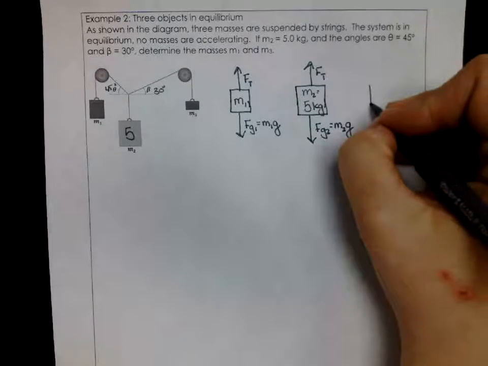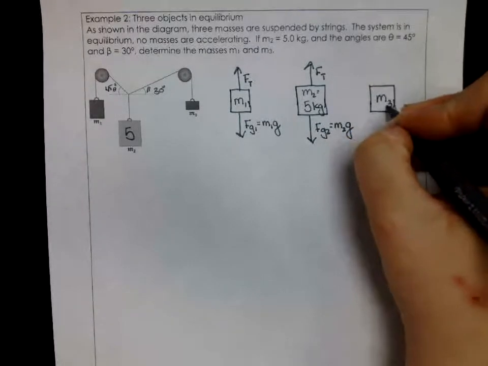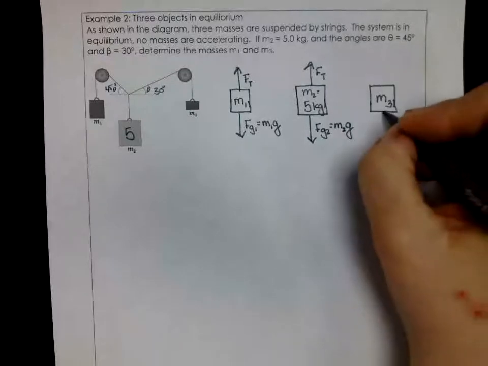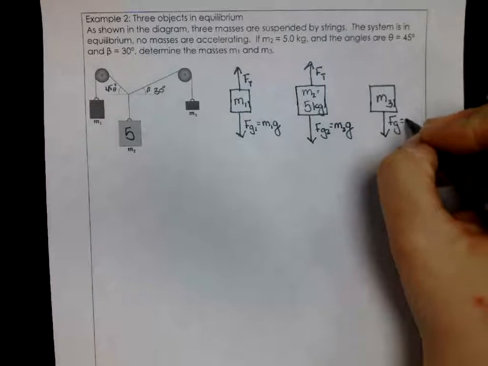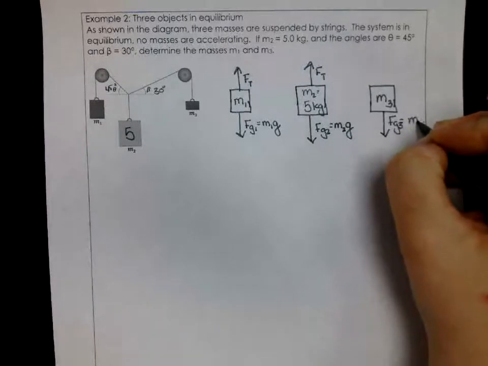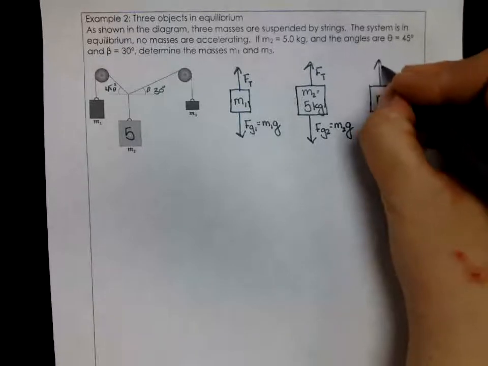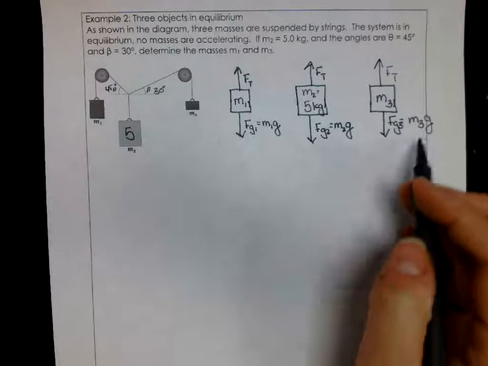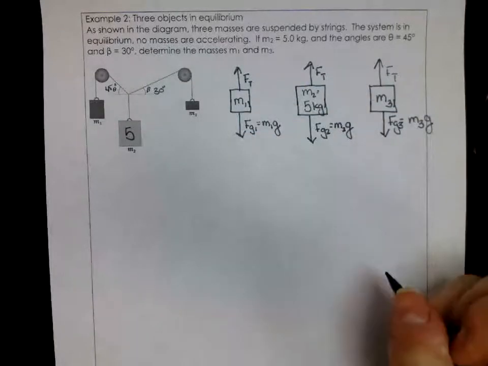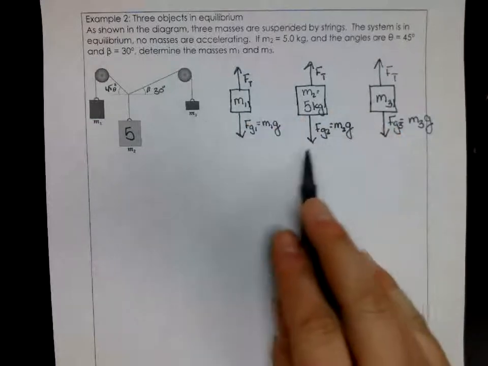All right, and then we have mass 3. And for mass 3, the force of gravity 3 is the mass of 3 times gravity, and we've got tension pulling up on it. No matter what we do with these, there's going to be no way that we can solve for M1 and M3 with this information given.